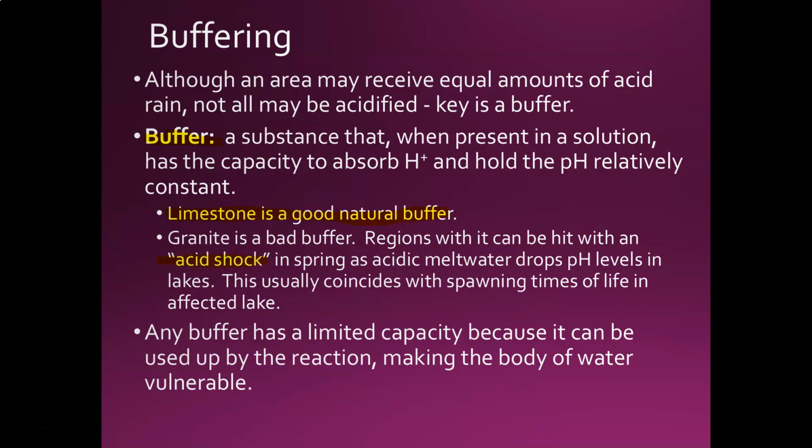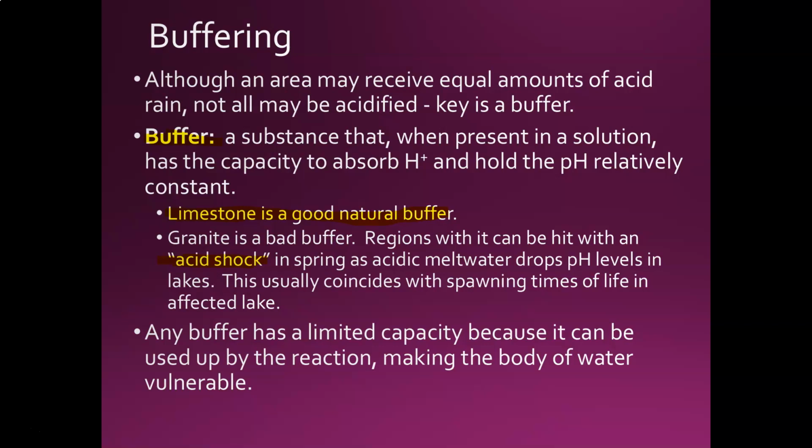It shocks that large body of water because it immediately drops the pH and can lead to a very high mortality rate for the fish that happen to live there. And sometimes that becomes an issue because with snow, it's springtime. The snow is melting, and now we're dumping a bunch of acidic meltwater into a lake. Well, the other thing that happens a lot in spring is when babies are being born, in terms of animals, especially fish.